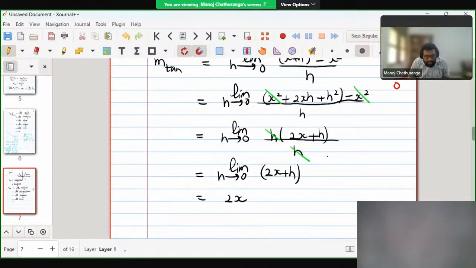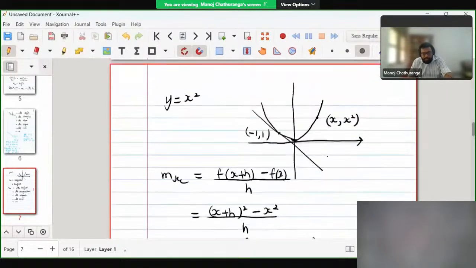So, the slope of the tangent line at this arbitrary point is just 2x.